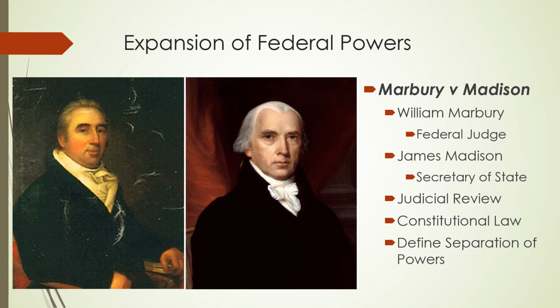So William Marbury was appointed by Adams and confirmed by the Senate. However, before he could take his seat as judge, the inauguration of Jefferson happened. So now Jefferson is the president, and Marbury is still waiting to take his position as federal judge.